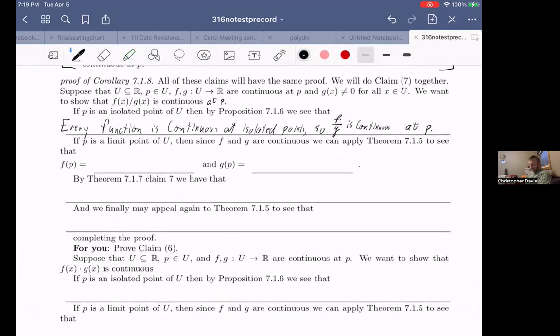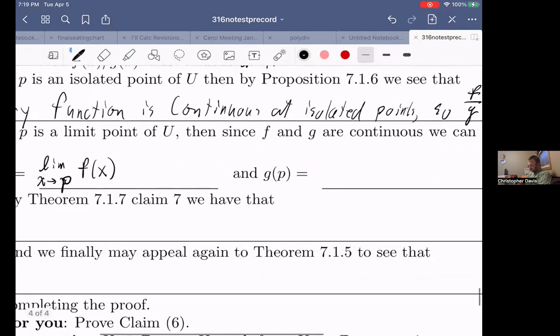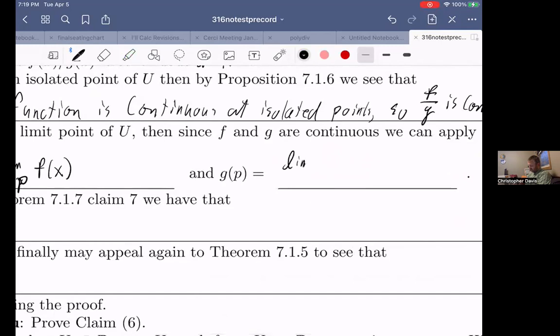So using that, I know that f and g are both continuous, so that means f of p is equal to the limit as x goes to p of f of x, and g of p is equal to the limit as x approaches p of g of x.